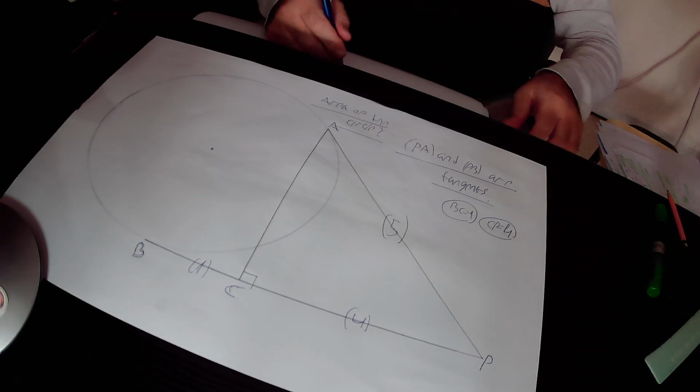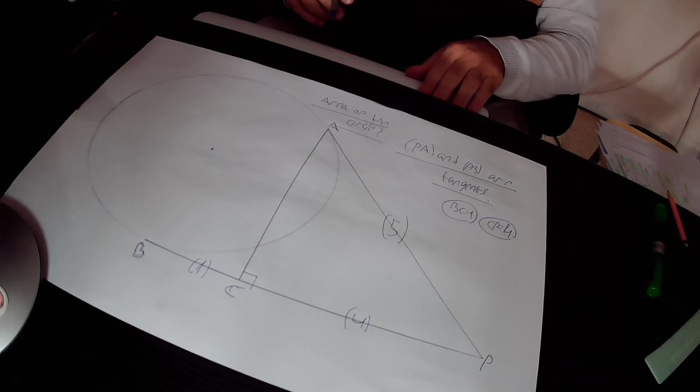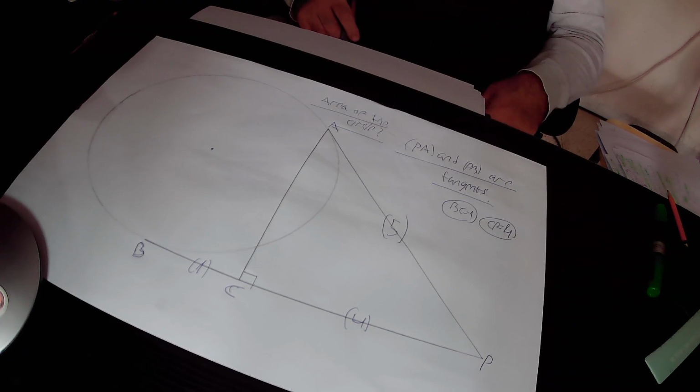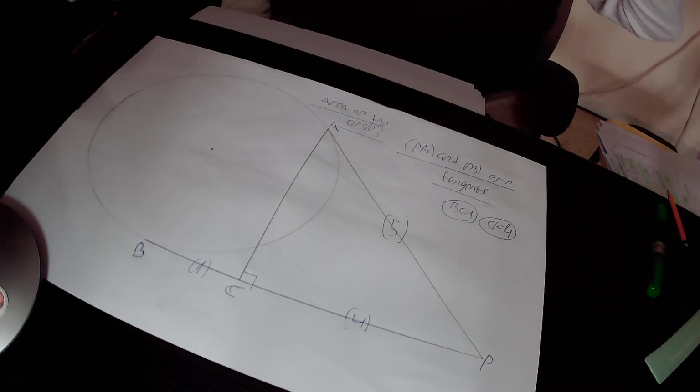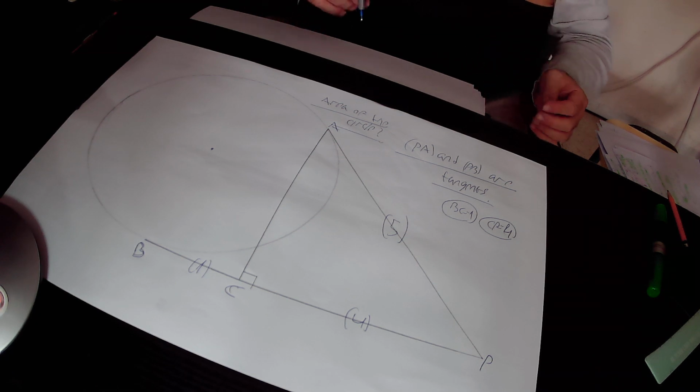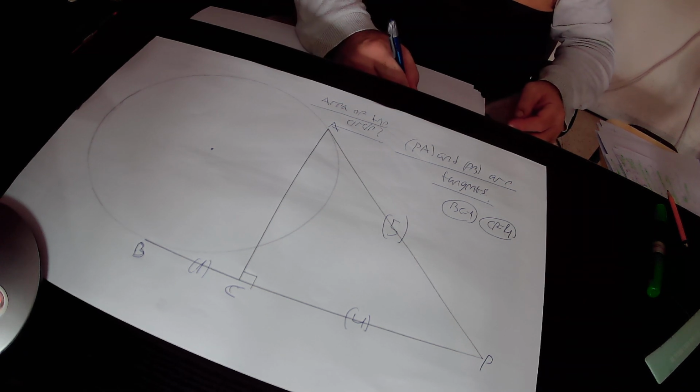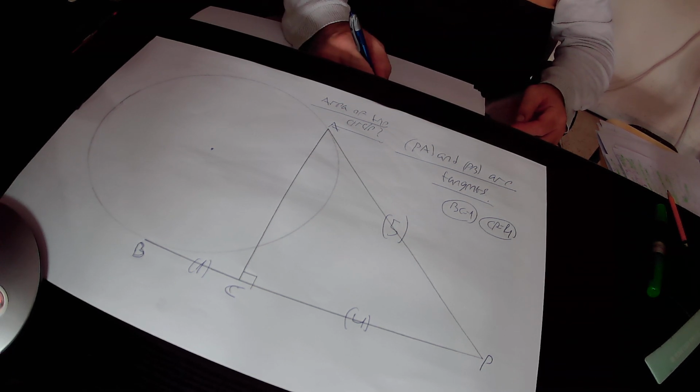In the next step, we will apply the Pythagoras theorem to this right triangle ACP. According to the Pythagoras theorem, in any right triangle, the square of the hypotenuse equals the sum of the squares of the perpendicular sides. Here, PT stands for the Pythagoras theorem.